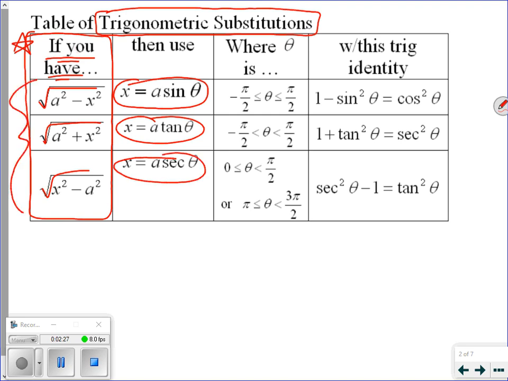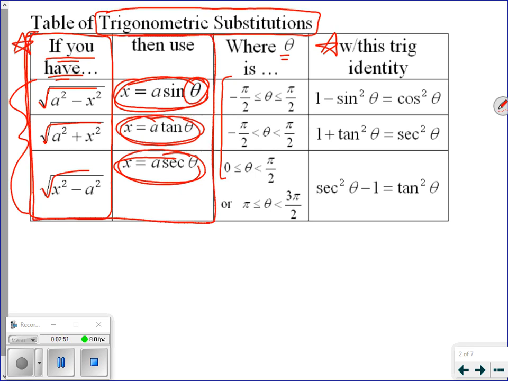So notice the difference between the 3 and the trig ID that we're able to use. We're introducing a new variable, theta, where theta is just numbers between these intervals. And we're going to end up using these trig IDs to help us integrate. But what really helps us are these first 2 columns here.